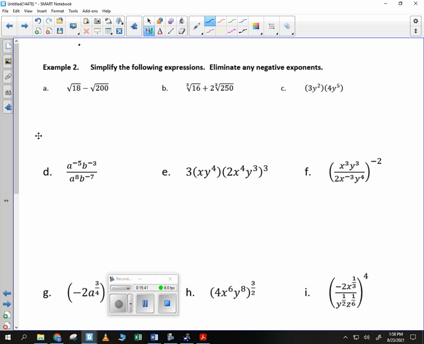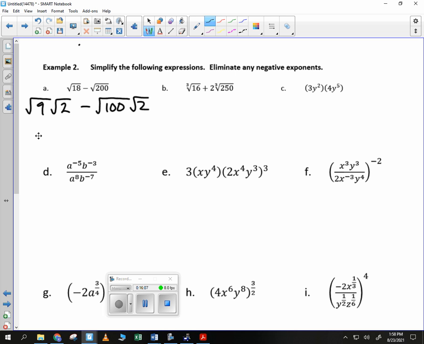Okay, if we want to add or subtract radicals, can you just add or subtract those right away? No. What must you find? Common radicands, right? The radicands have to be the same. So what's a perfect square that divides evenly into 18? 9 times the root of 2. Good. Root of 9 times the root of 2. Minus, what perfect square goes evenly into 200?